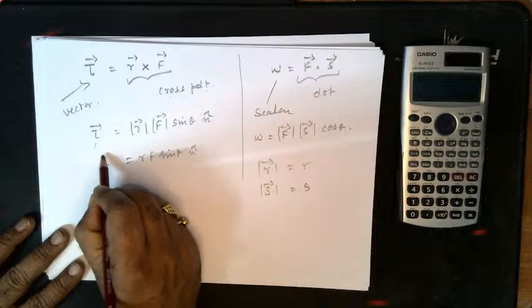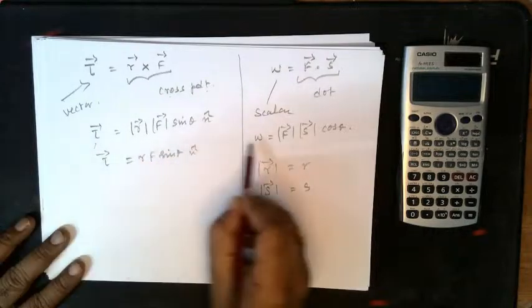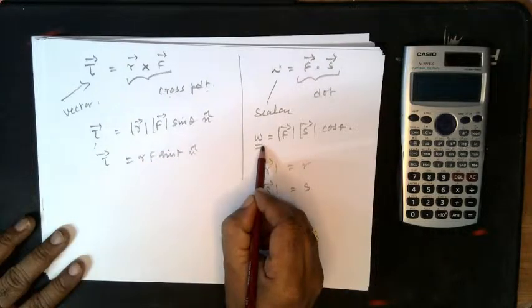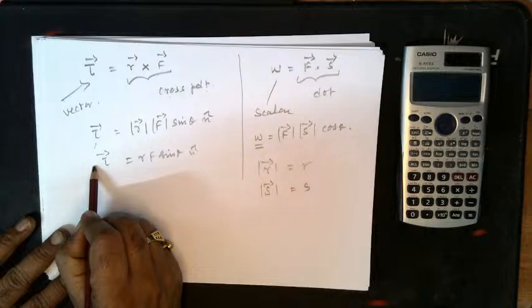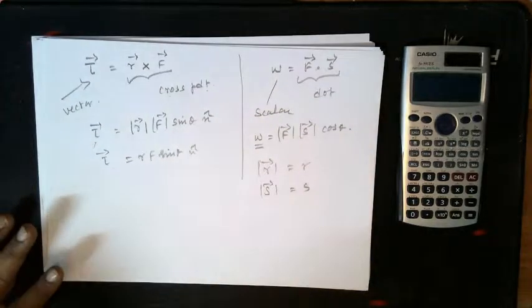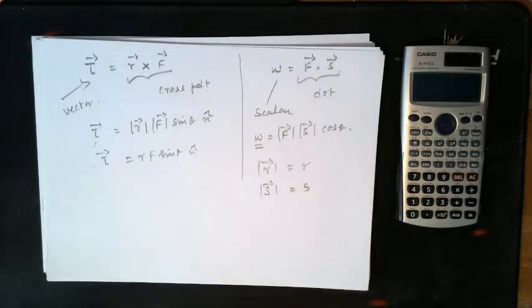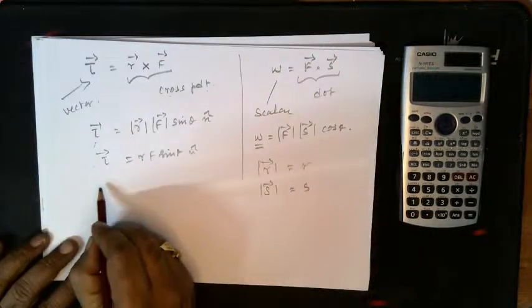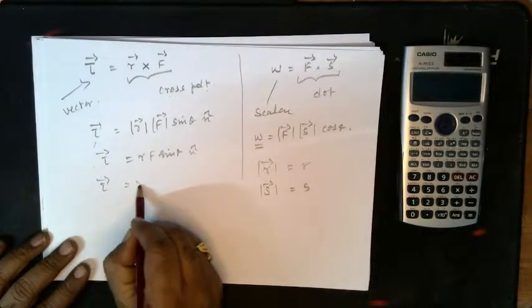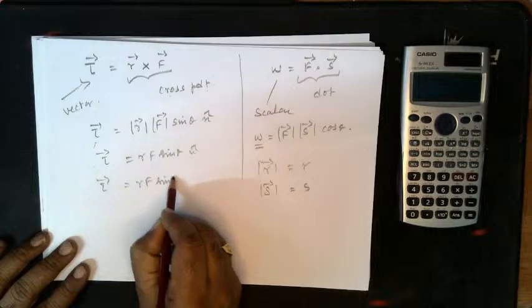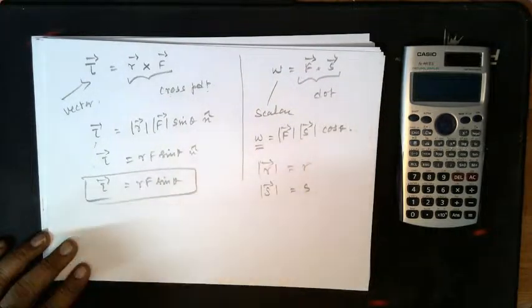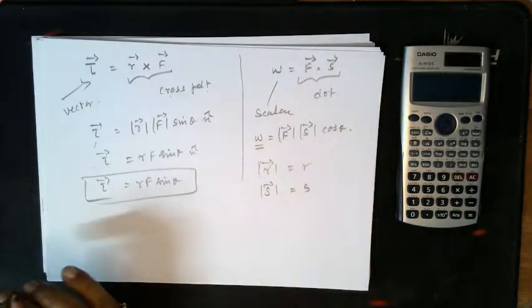So that is tau vector. You must note that this is scalar whereas this is vector. So that makes the difference. Please make a note of it. So when n cap is 1, you can simply call it tau is equal to r f sin theta. Take down, r f sin theta.